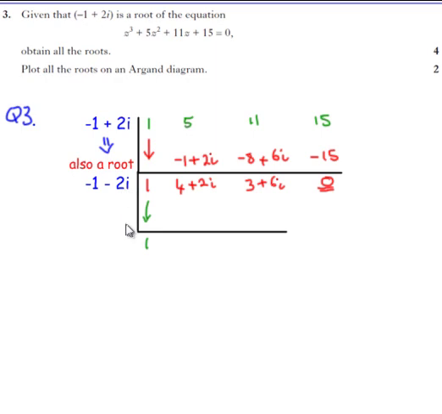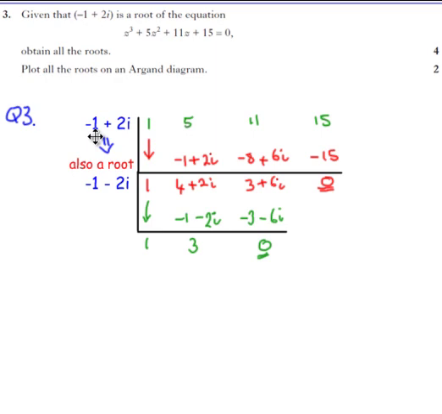Multiplying minus 1 minus 2i times 1 is minus 1 minus 2i, which we place underneath the 4 plus 2i. Adding them together just leaves us with 3. We then do minus 1 minus 2i times 3, which is minus 3 minus 6i. Adding these gives us 0, because it's a root.